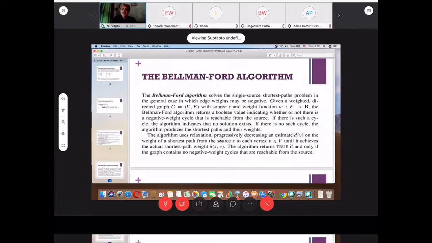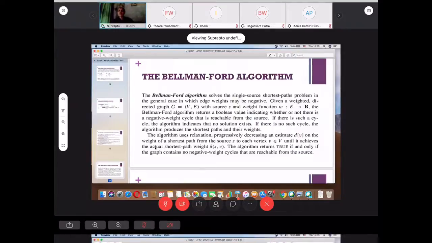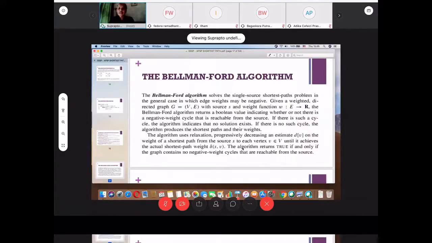Shortest path estimate is symbolized by small d, but the actual shortest path is notated by small delta. The algorithm returns true, the Boolean value, if and only if the graph contains no negative weight cycles that are reachable from source.